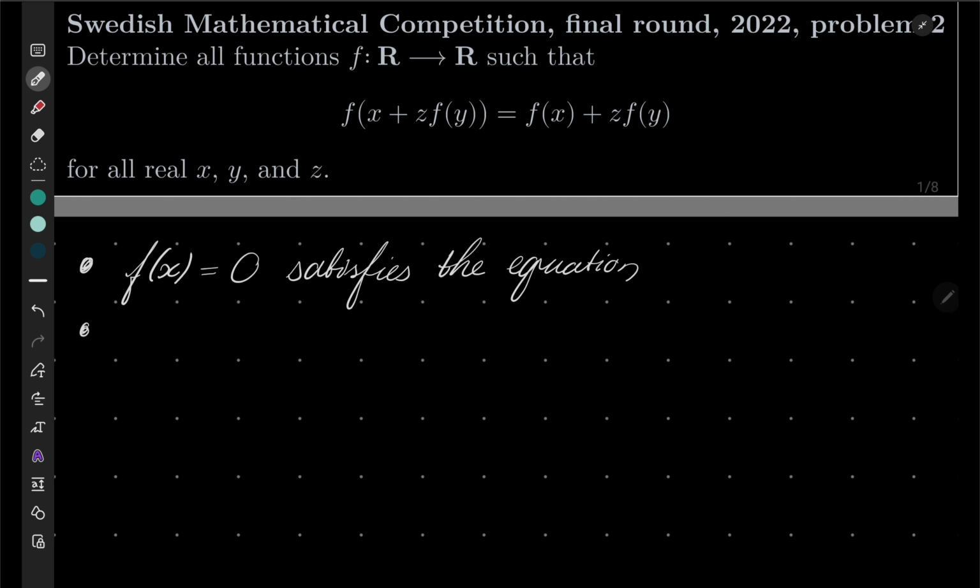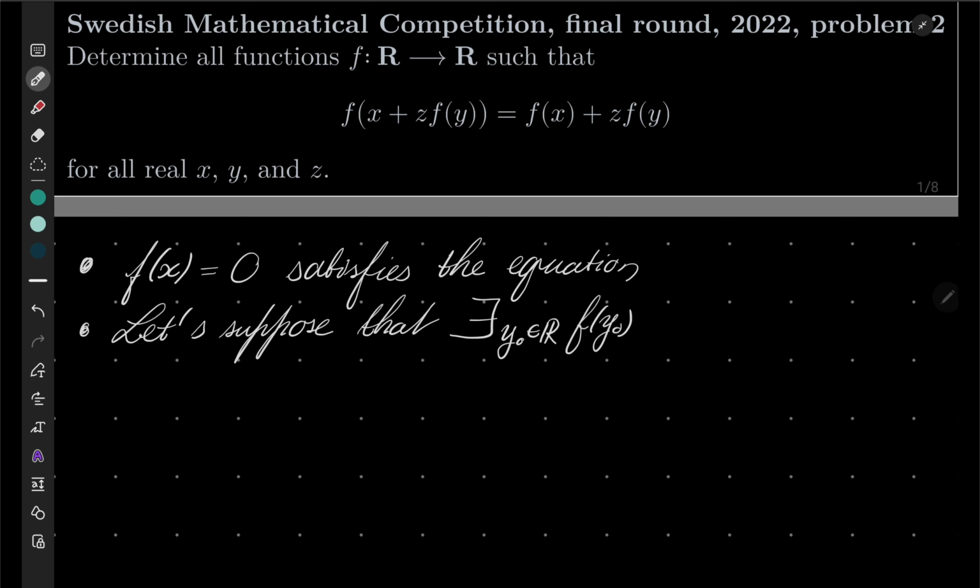Nice. So now let's suppose that there is some real number, let's call it y0, such that f(y0) is not 0. In other words, the function is not constantly 0.